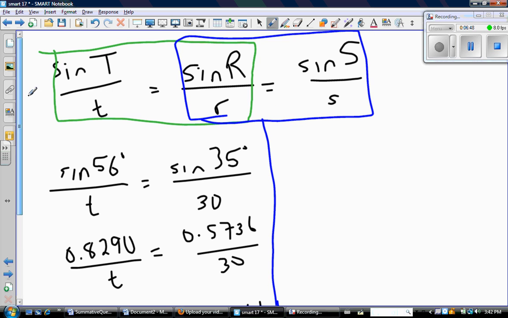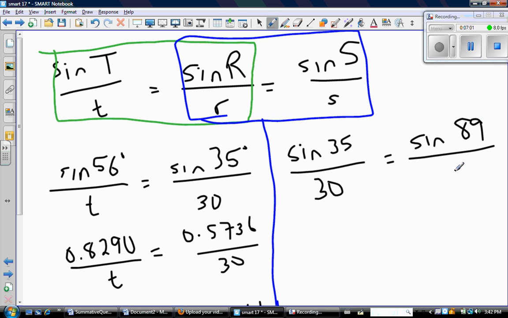And let's solve for S. Again, sine R is sine 35 degrees over 30, and then sine 89 over the unknown S. So 0.5736 over 30 equals sine 89, which is 0.9998 over S. So cross multiply.